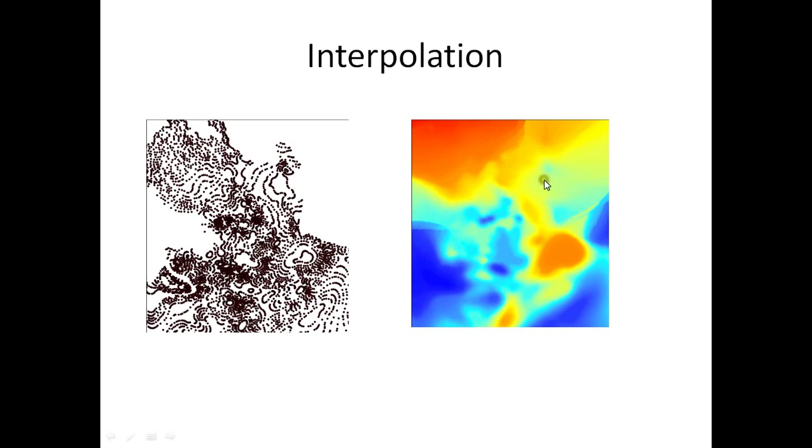This is another surface, this is the interpolated surface. If you look over this area, there are several points, but in between those points, we do not know the values of this area. But using the interpolation technique, we can get those values.